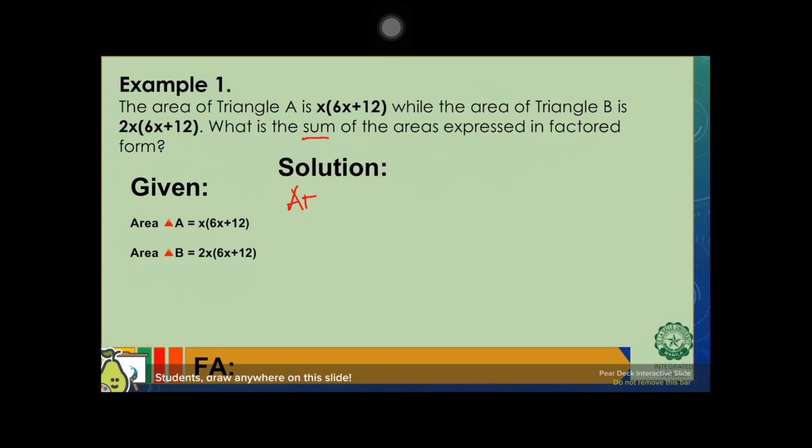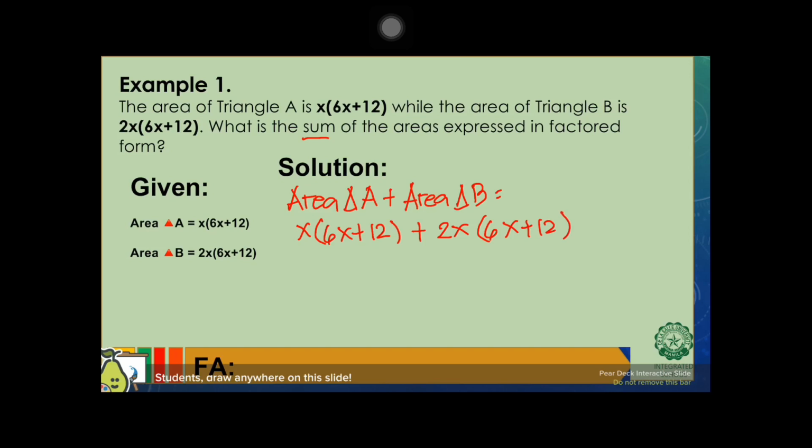Area of triangle A plus the area of triangle B. And that would give us x multiplied by 6x plus 12, that's the area of triangle A, plus the area of triangle B, which is 2x multiplied by 6x plus 12. I want you to take note of the GCF. The GCF of this sum of our two areas is 6x plus 12.